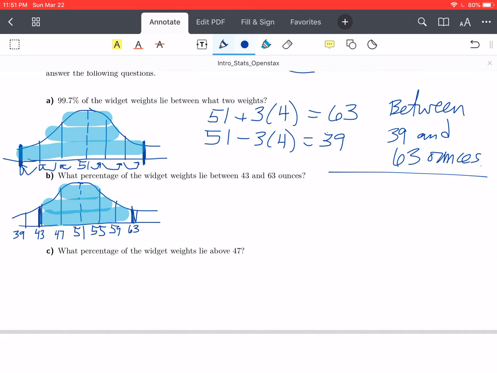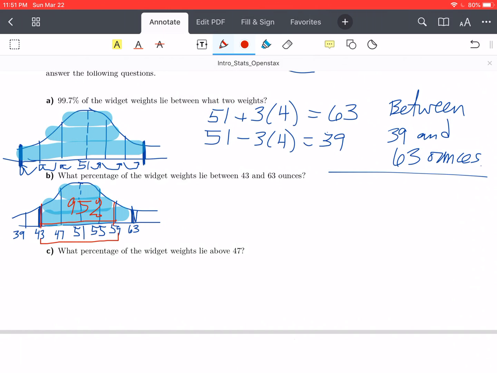The empirical rule tells us that from here to here, this distance right here, that's 2 standard deviations to either side. So that means that this whole region between the red bars, from here to here, is going to be 95% of the data.